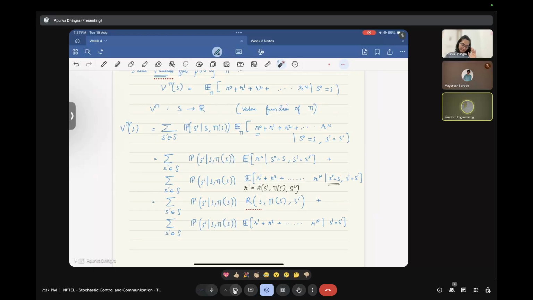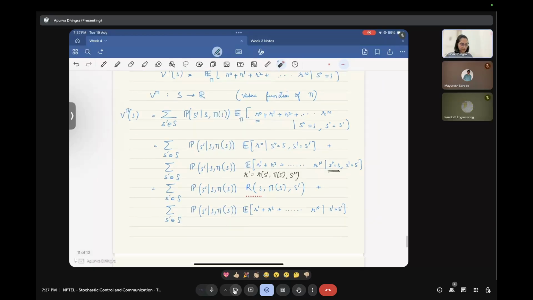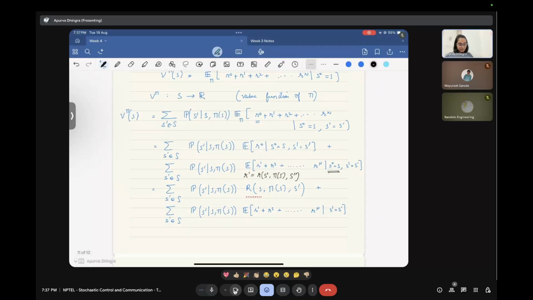A recursive pattern is emerging. Exactly. That means v pi of s is something we can simplify and write as, this is common, so I can just copy it. The first reward and this part, v pi of, now instead of s, this is s dash.